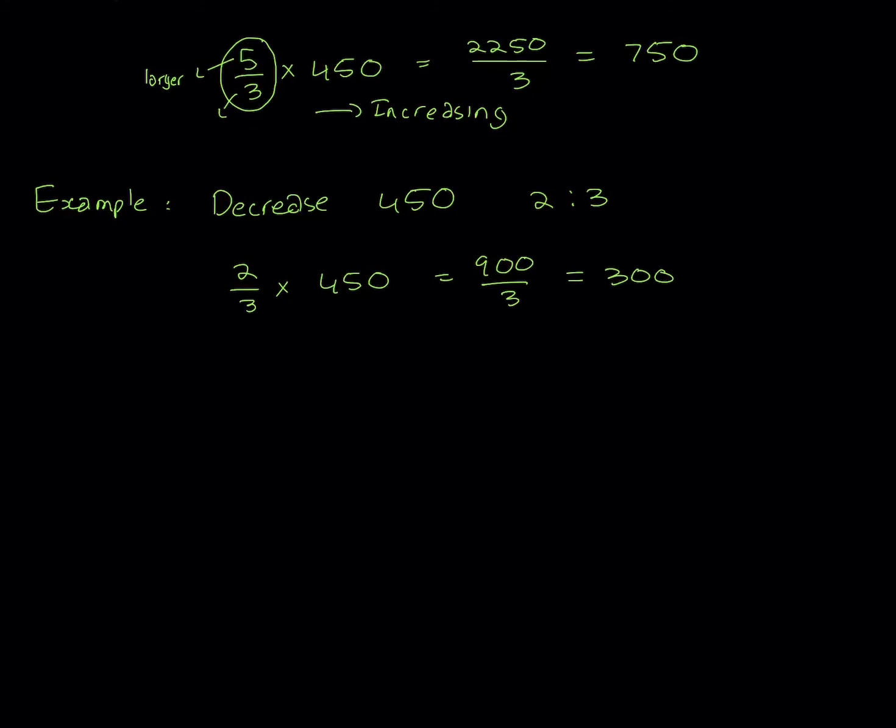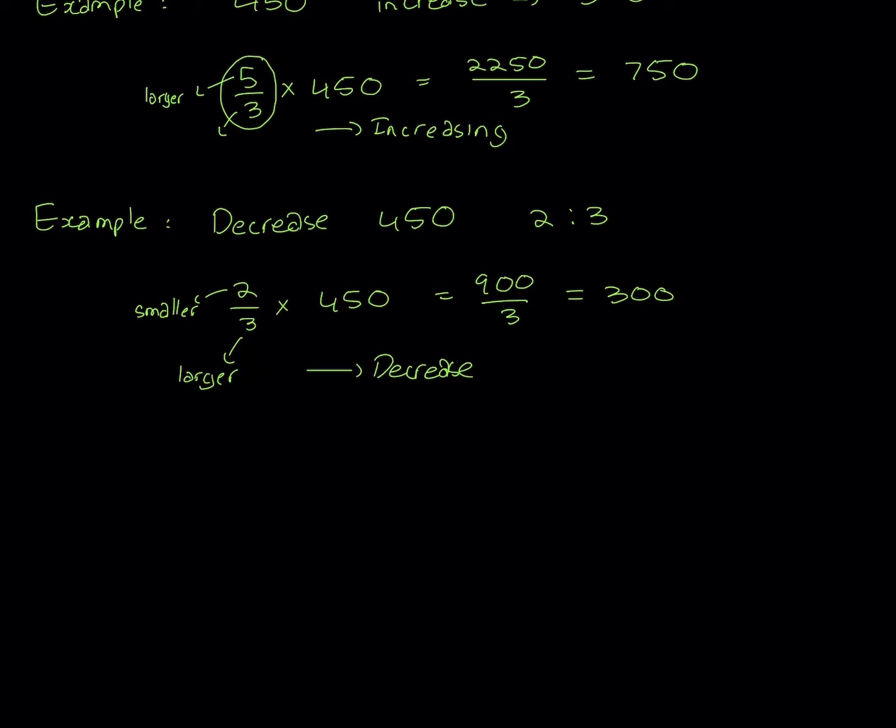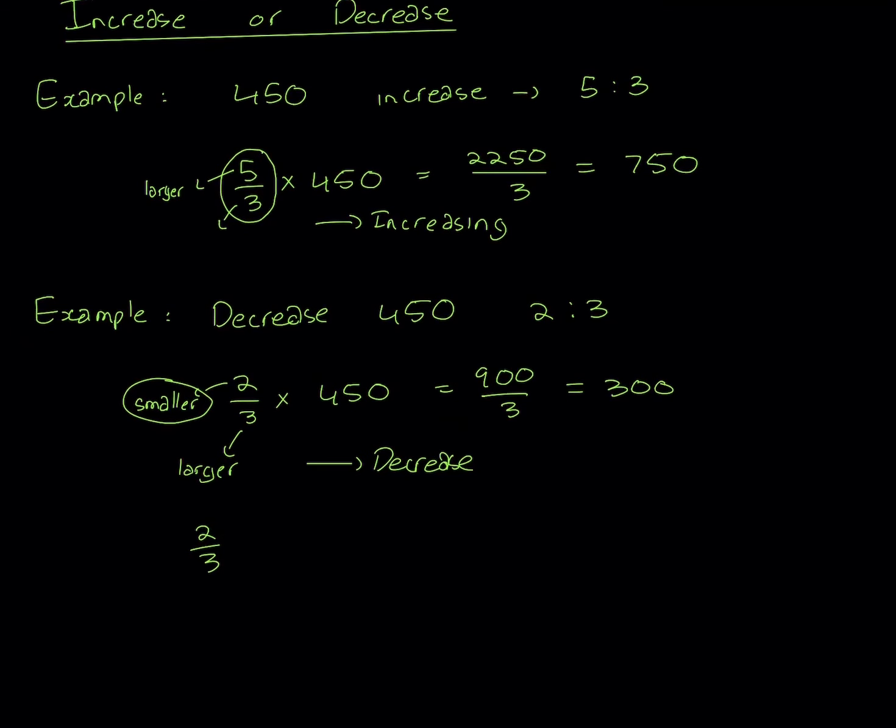Now in this case, if you notice, the numerator is smaller than the denominator. So when you have a ratio in which the fraction is a proper fraction, like 2 over 3, where the numerator is smaller than the denominator, you decrease the value. And vice versa, you increase the value, which we did over here.